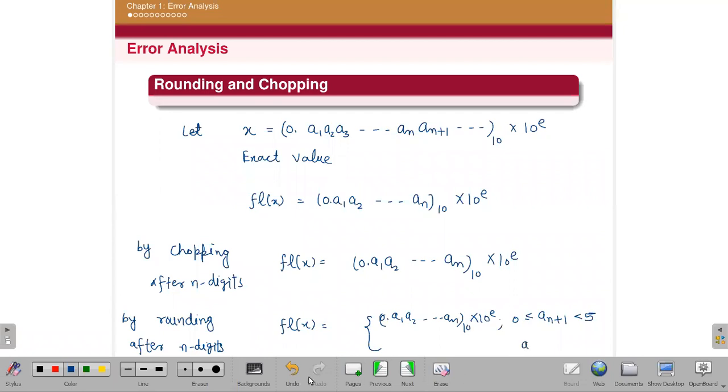And second, if an plus 1 is greater than or equal to 5 and less than or equal to 9, then it will be 0.a1 a2 up to an, and then you add 1 to the last digit, into 10 raised to power e. So that is rounding. In the first case it is the same as chopping.